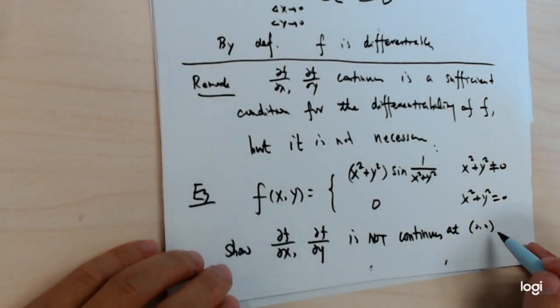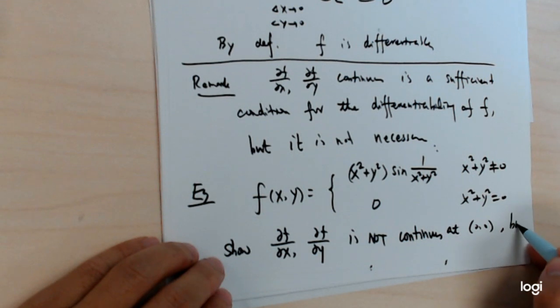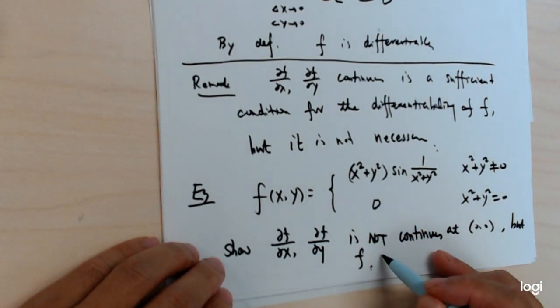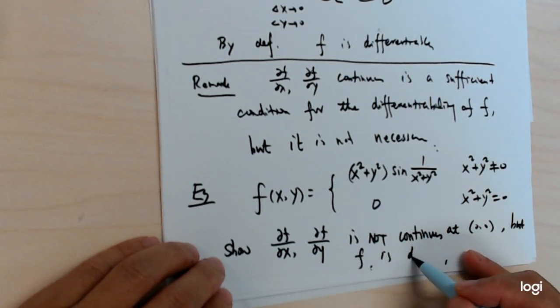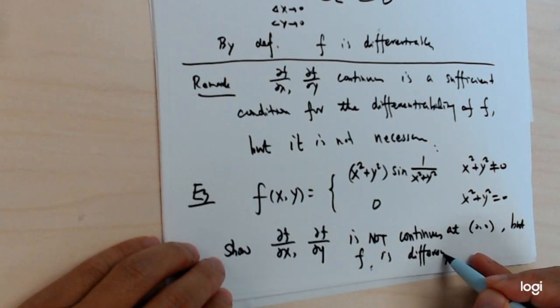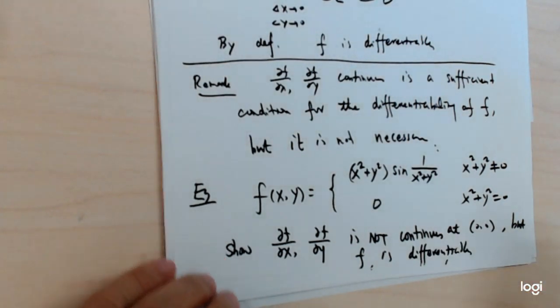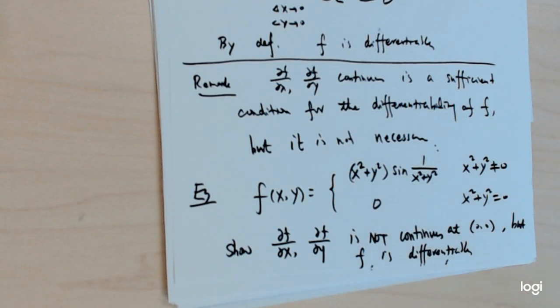At 0, 0, it's not continuous. But f is actually differentiable. So that's the key today: continuity of partial derivatives implies differentiability, but it's not a necessary condition.